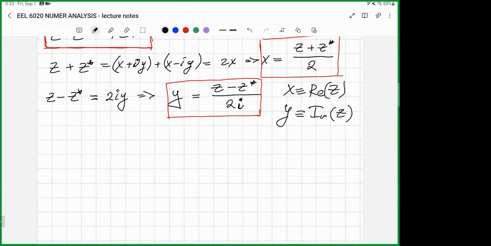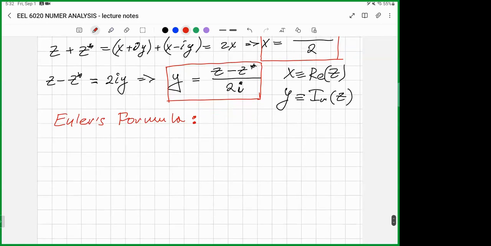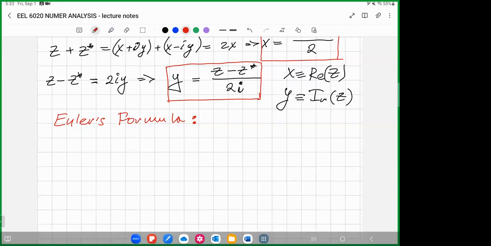Very good. And now we introduce an exceptionally important formula. It's called Euler's formula. Without the proof, because the proof needs some knowledge from the theory of series, I just bring this formula here.